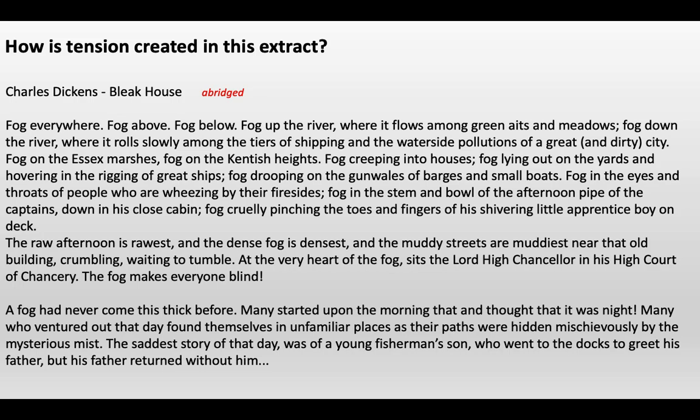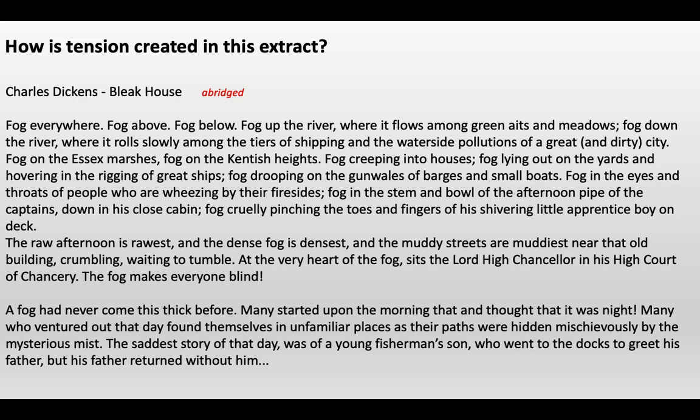Fog everywhere. Fog above, fog below. Fog up the river where it flows among green aits and meadows. Fog down the river where it rolls slowly among the tiers of shipping and the waterside pollutions of a great and dirty city.